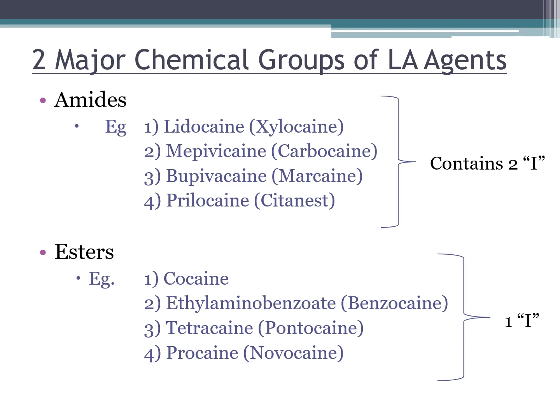These contain 2 I's, so it's just a little trick to help you realize that these are amides. And then the other classification of local anesthetic agent is esters. Examples: cocaine, benzocaine, pontocaine, novocaine. These ones only have 1 I.